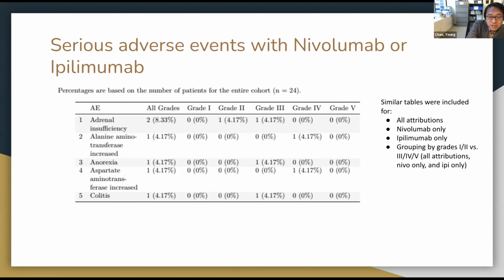I guess just make sure these are all in the prior table. These numbers are reflected. But this is redundant. Yeah, I don't know why they're serious either. But okay, sounds good. They also had the all attributions, Nivo only, IPI only, but I keep it Nivo or IPI. And then that is it for the data that they sent over.